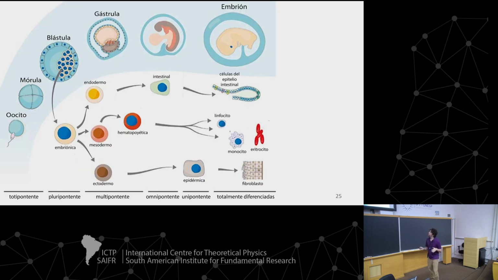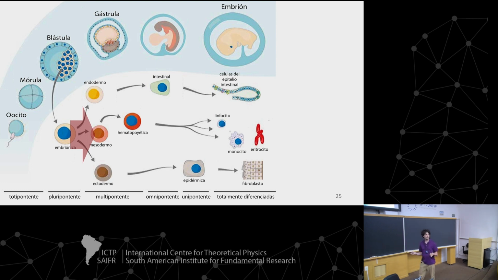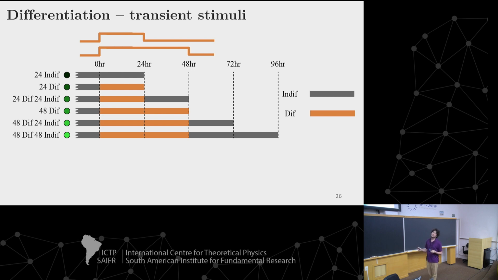And well, finally, I want to go rapidly through this. That is the application that we did in the lab using stem cells, embryonic cells. And we studied the transition between embryonic to the mesendoderm cells. But the idea is to give the same stimulus to cells, a transient stimulus of 1 or 2 days of this differentiation.